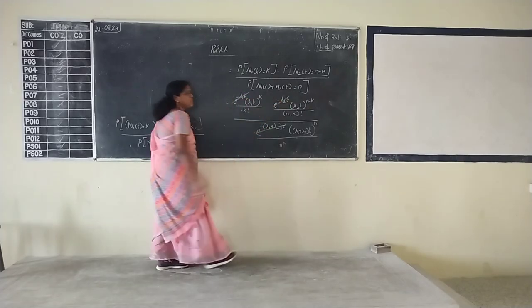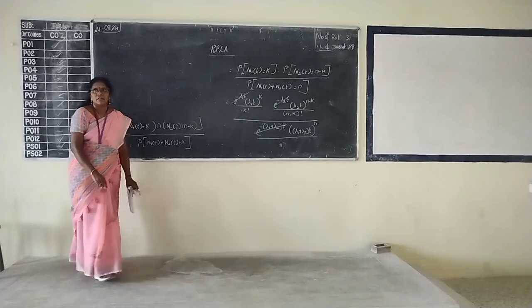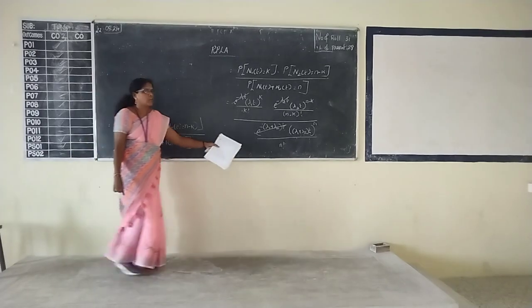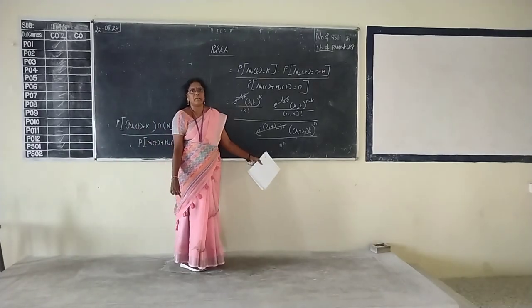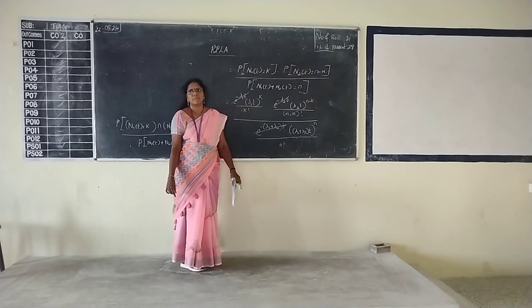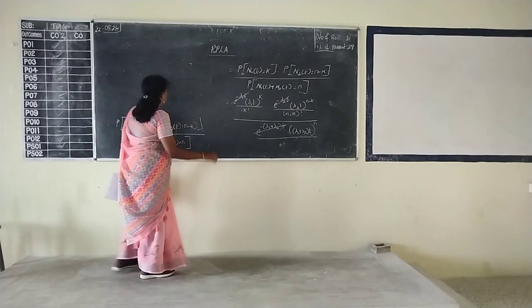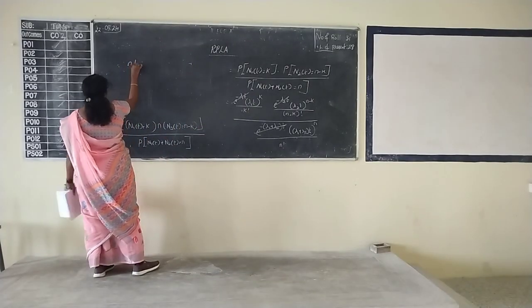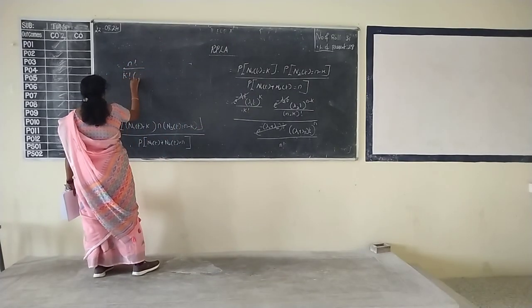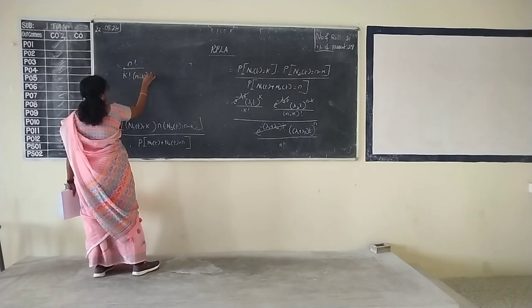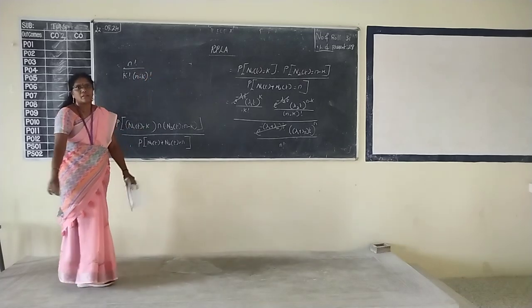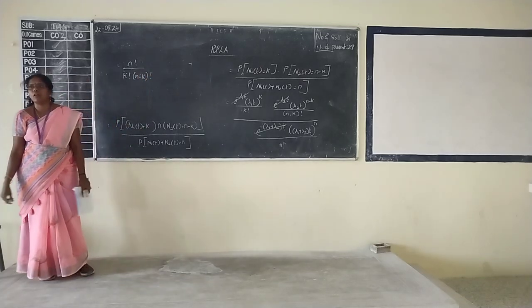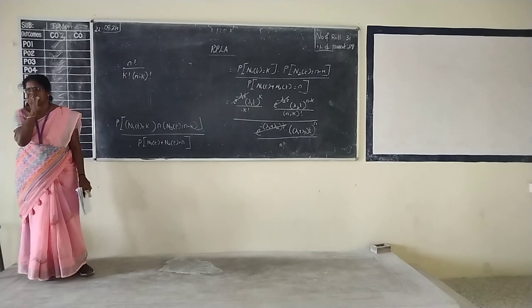So the exponential term gets cancelled. The n factorial in the denominator, so where will it come? Numerator. So it will be n factorial by k factorial into n minus k factorial. Combine all the factorial terms together.